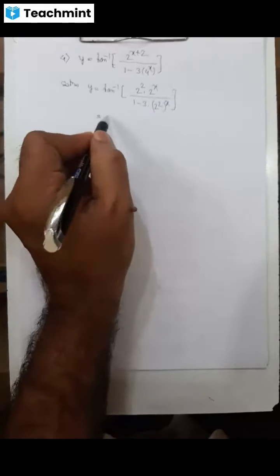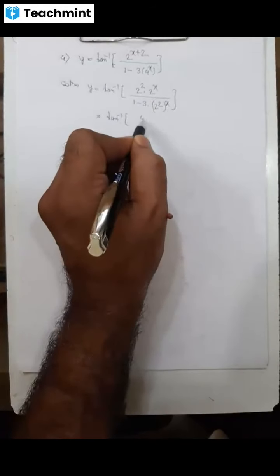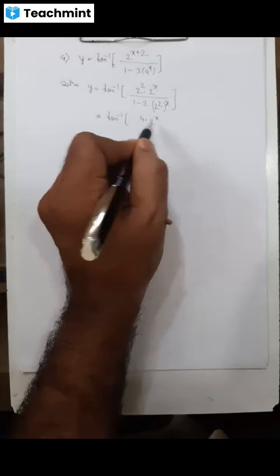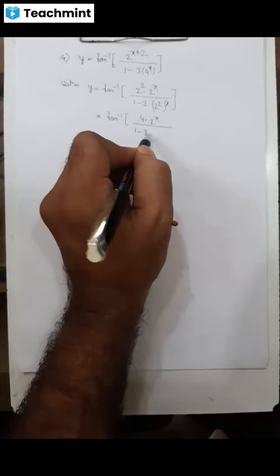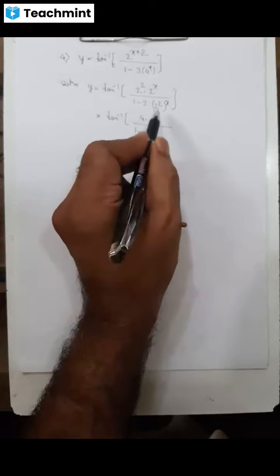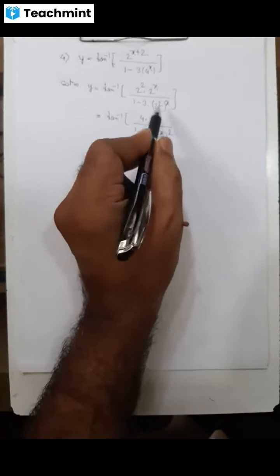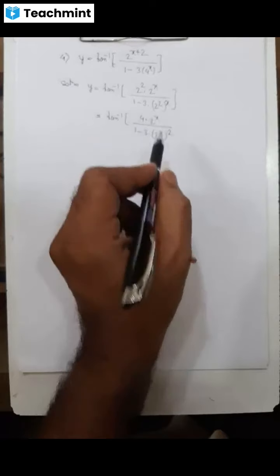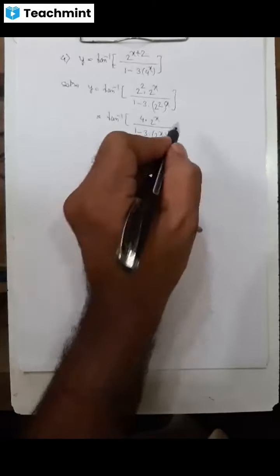So it is equal to tan inverse in bracket 2 square means 4 into 2 to the power x. In denominator 1 minus 3 into, so what do we get here, 2 to the power x square, same as 2 to the power 2 its power x.